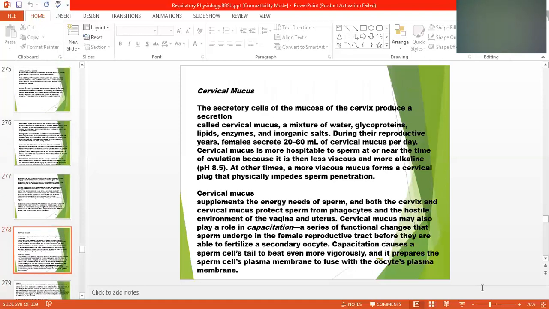Cervical mucus. The secretory cells of the mucosa of the cervix produce a secretion called cervical mucus. The cervix is the mouth of the uterus, which connects with the vagina.